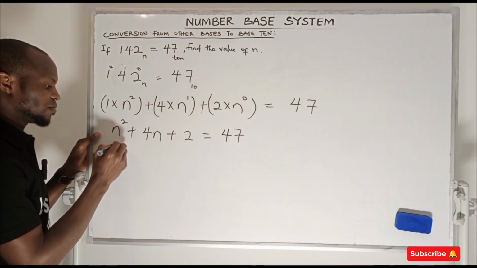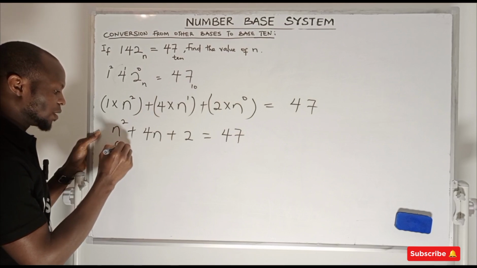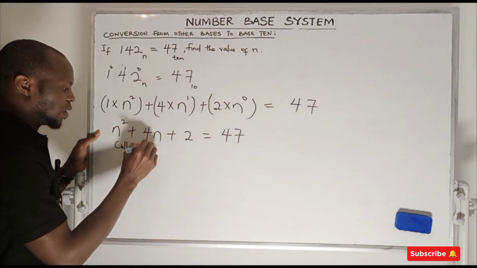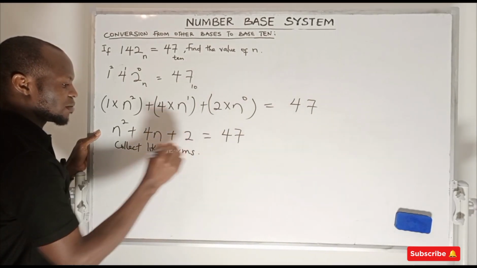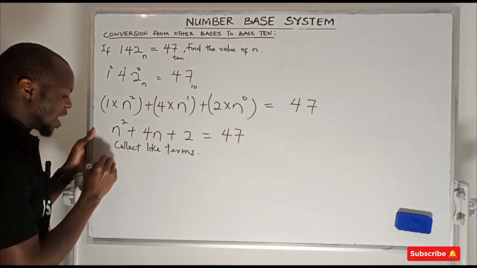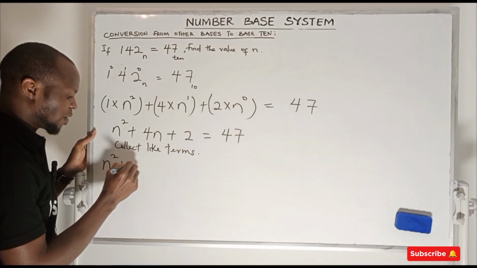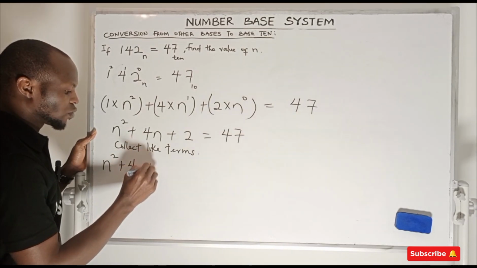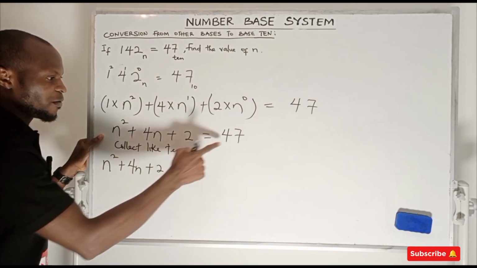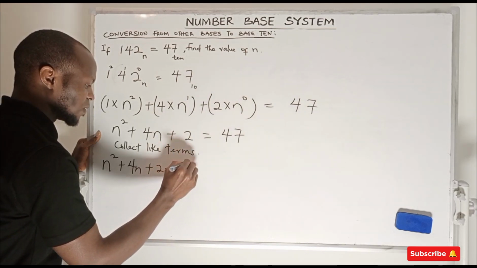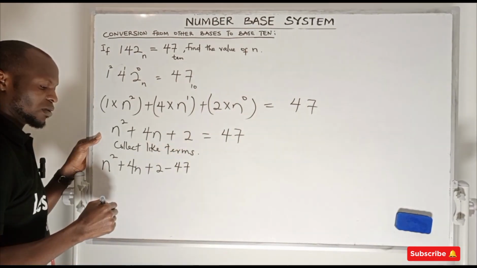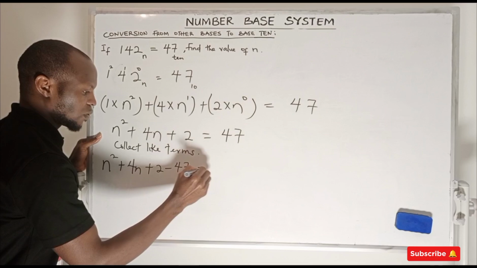If I collect like terms, automatically I have n squared plus 4n plus 2. If I bring 47 to this side, it becomes minus 47, equals 0.